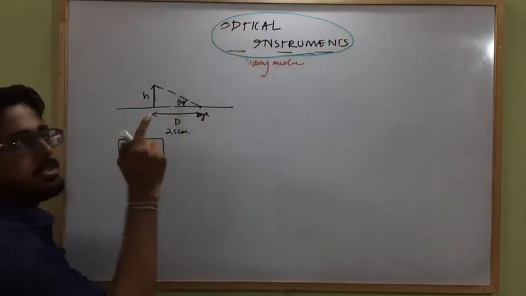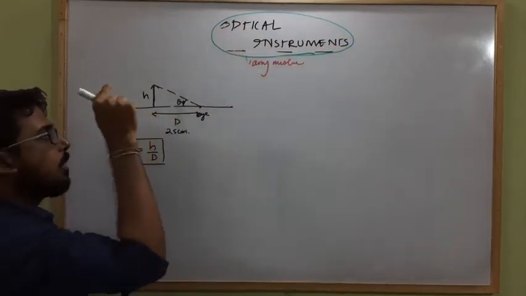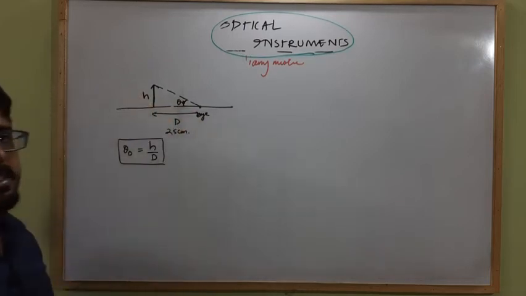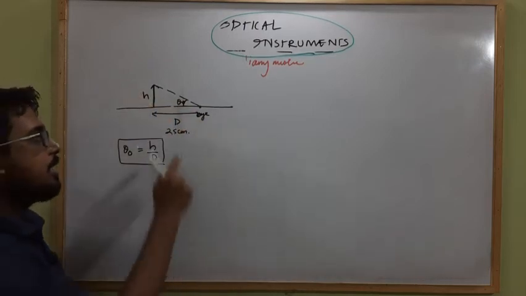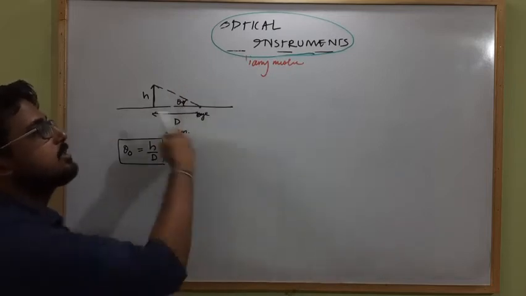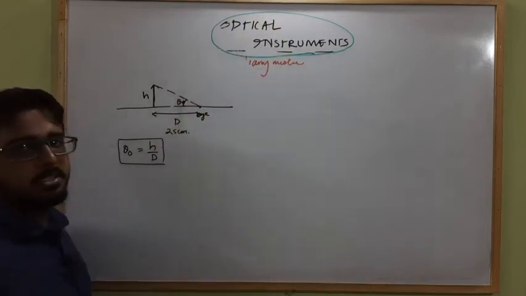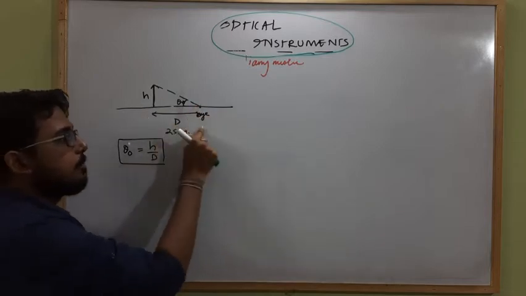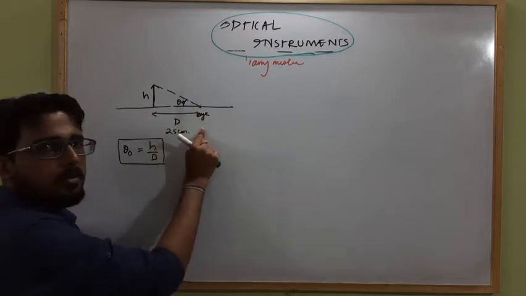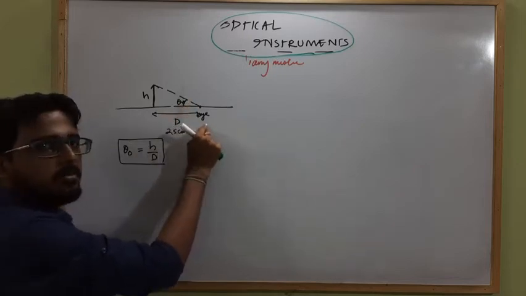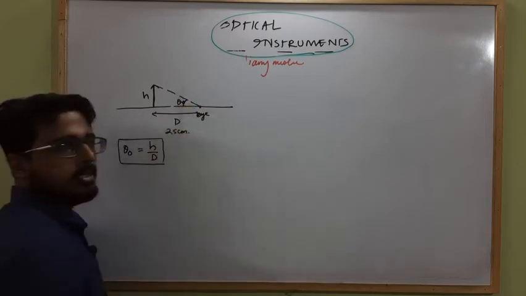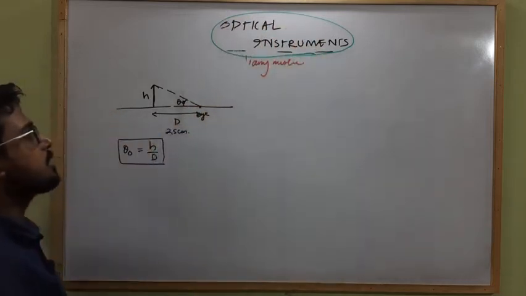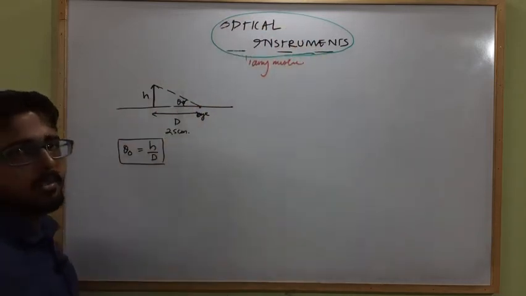So optical instruments are used to assist our eye to get a clear vision of the object. If our eye were not there, there would be no need to use optical instruments. First of all, the human eye is the most vital and most advanced optical instrument, provided to us by God. Then we developed some artificial optical instruments to further improve the vision of the object.